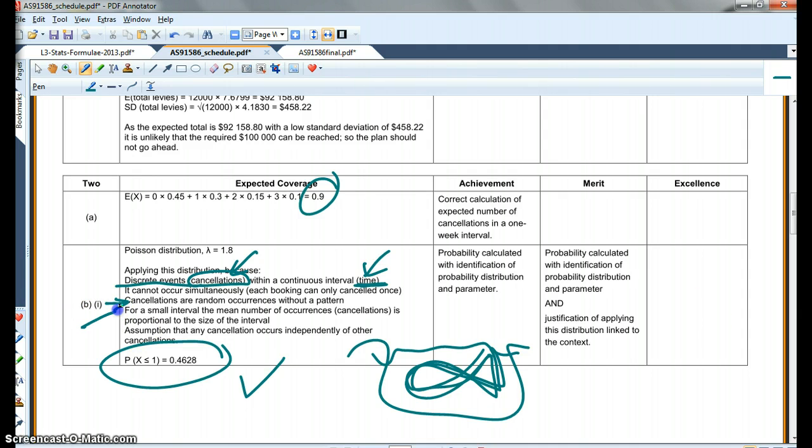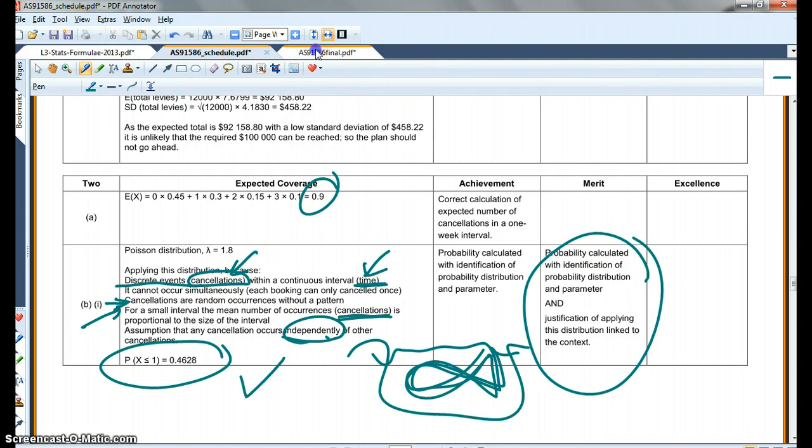For a small interval, the mean number of occurrences or cancellations is proportional to the size of the interval. So that idea of proportion, and again contextualize it with cancellations. Assumption that any cancellation occurs independently. So those are your conditions that you've got to learn off by heart for the Poisson, and that will get you merit grade.